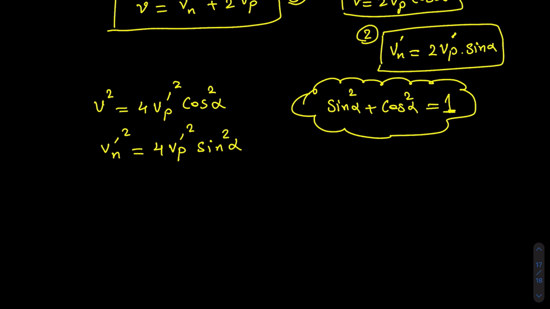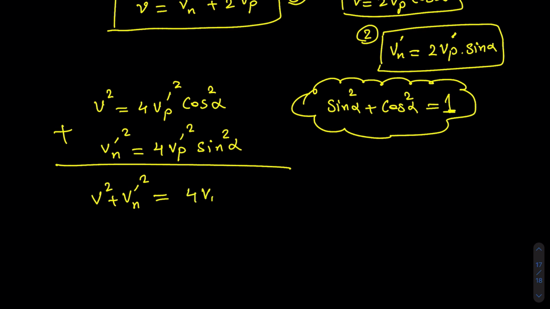If we add them up, we will get v to the power of 2 plus v nucleus prime to the power of 2 is equal to 4 v particle after collision vp prime cosine alpha to the power of 2 plus 4 times vp prime to the power of 2, or squared, sine squared alpha.